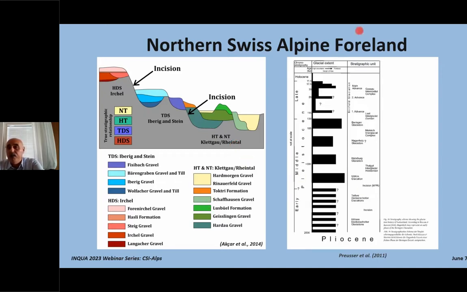But in time, it has been shown that the glaciers were at least 13 times in the foreland. So it's more than four glaciations.